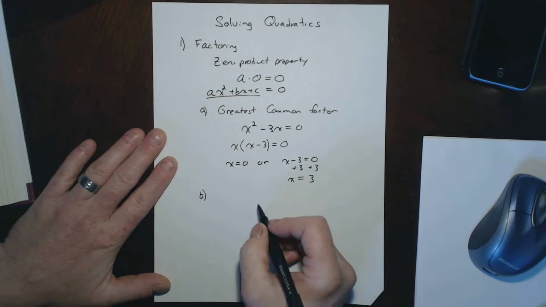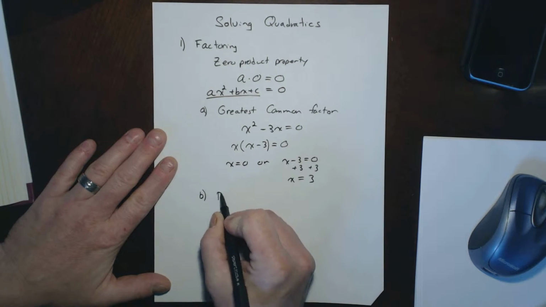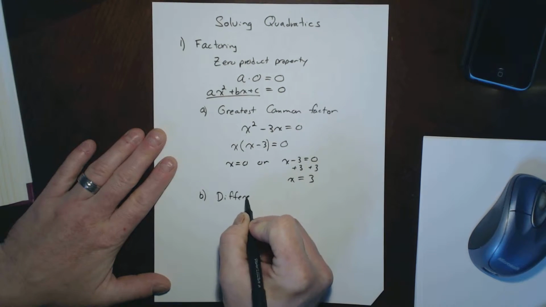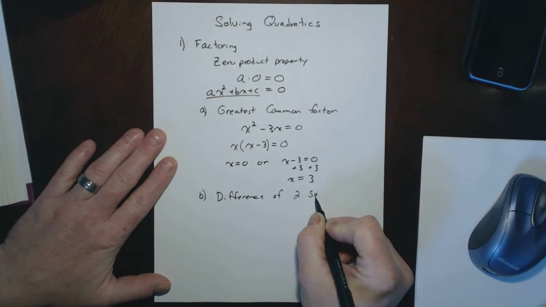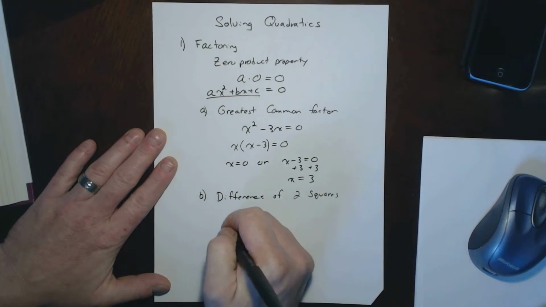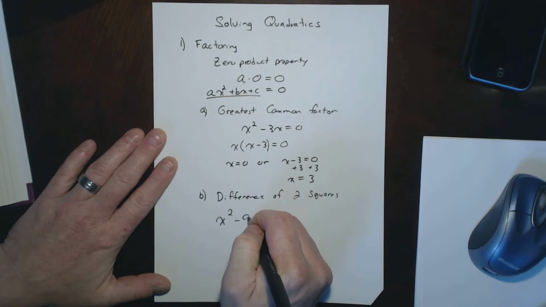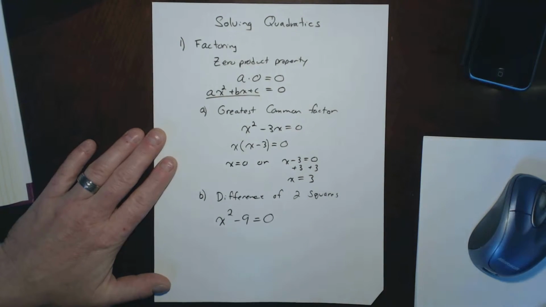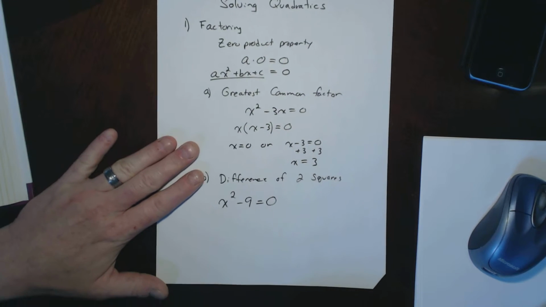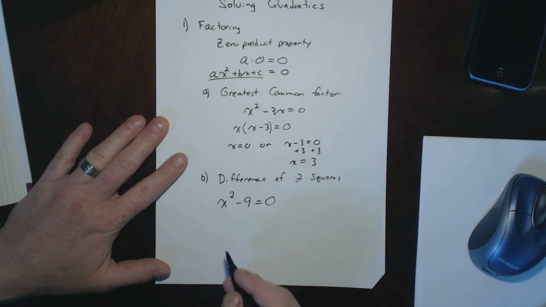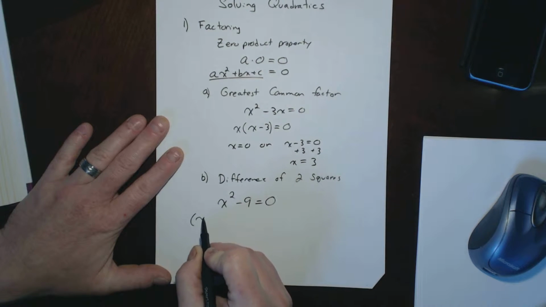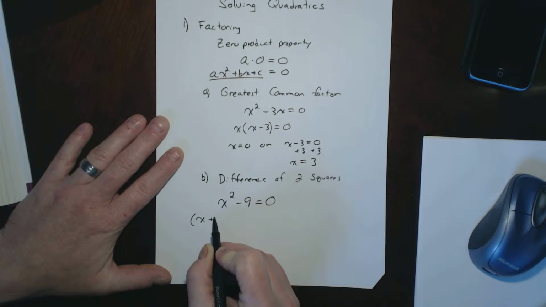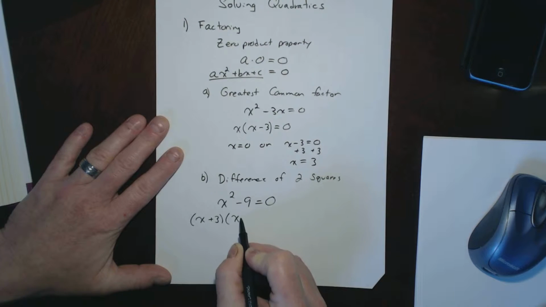Another way to solve a quadratic is the difference of two squares. Here we have an equation where we have x squared minus 9 is equal to 0. We can factor this as the difference of two squares, and that factors into (x plus 3) and (x minus 3).